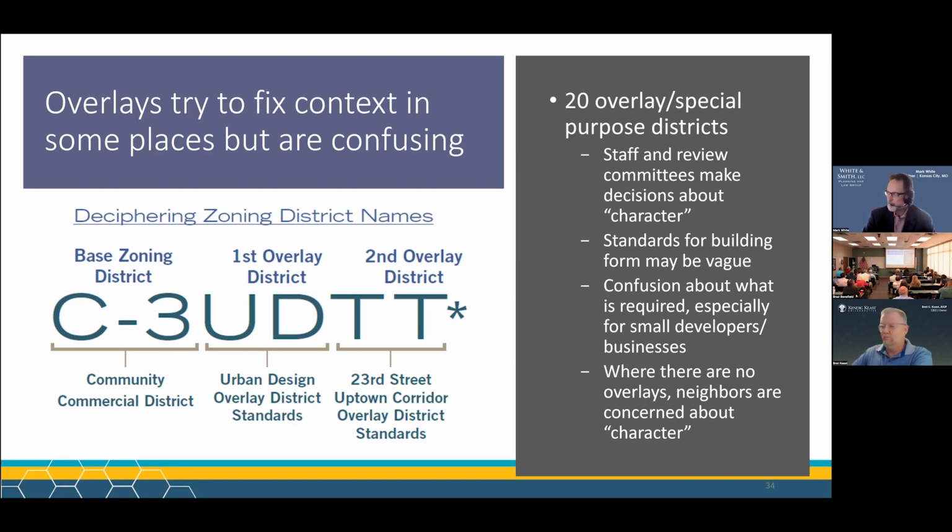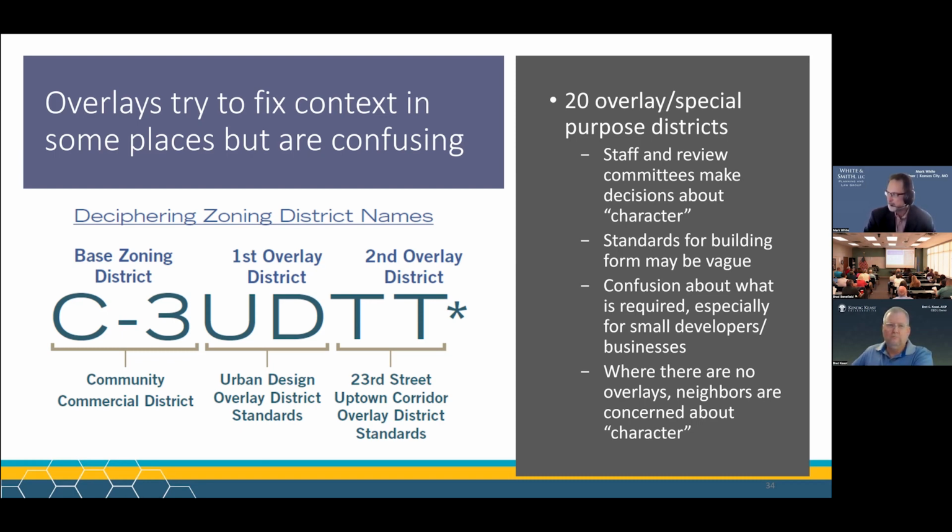And one of the problems with that is the code becomes a really difficult and confusing patchwork of regulations, because you look at your base district and you think you know what the rules of the game are, but sit down, you're not done reading yet. Now you have to read your first overlay district, which may be an urban design overlay, but the city has also sometimes overlaid overlays on top of overlays. So you may have an urban design overlay, and on top of that is your 23rd Street corridor overlay.